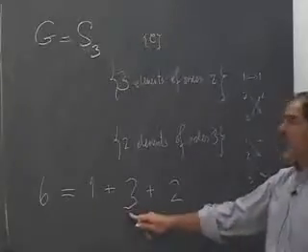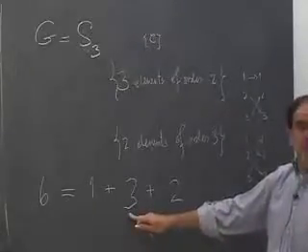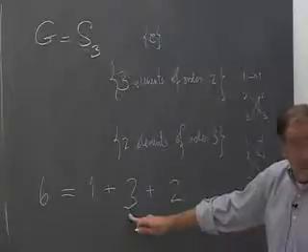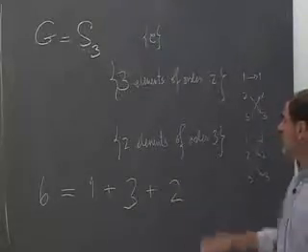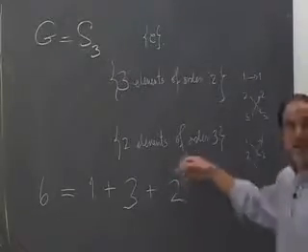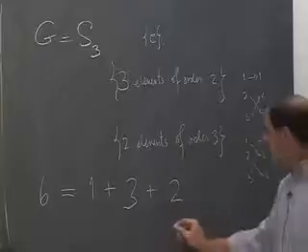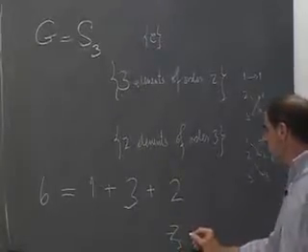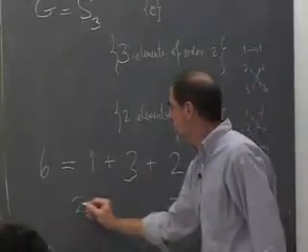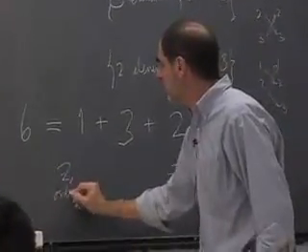Here, the centralizer of the identity is of order 6.